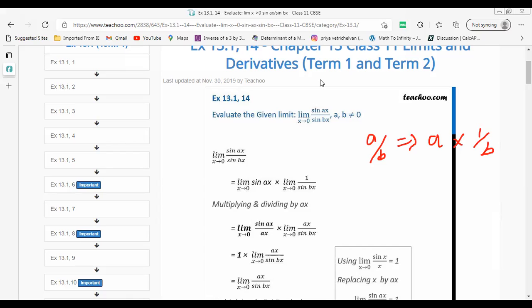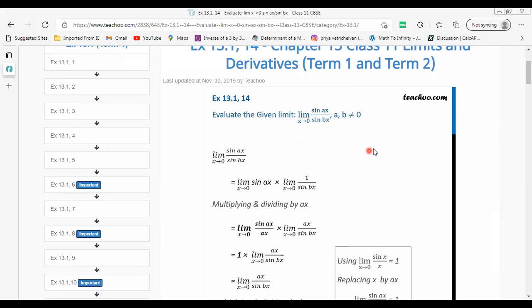In that way, they wrote sin ax upon sin bx as sin ax and 1 by sin bx. And you can apply distribution to the limits. That is why this limit x approaches 0 is distributed into sin ax and sin bx as well. Is this clear?